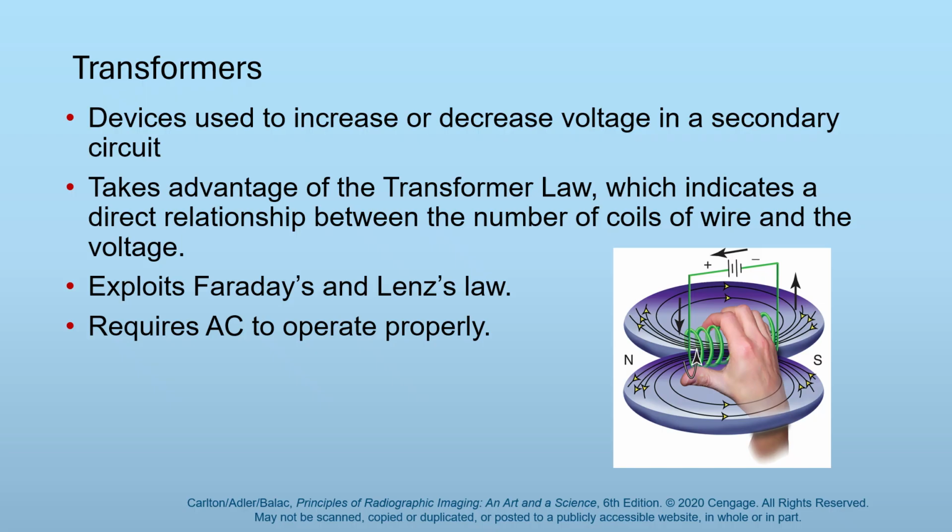So I know this picture only has 1 coil. Most transformers have 2 coils. The auto transformer, one version of it at least, has a single coil. Okay. And so the transformer capitalizes on Faraday's law. Well, what did Faraday's law say?